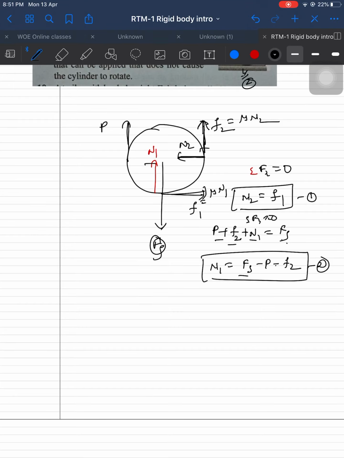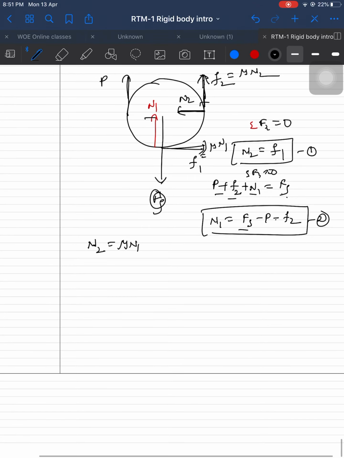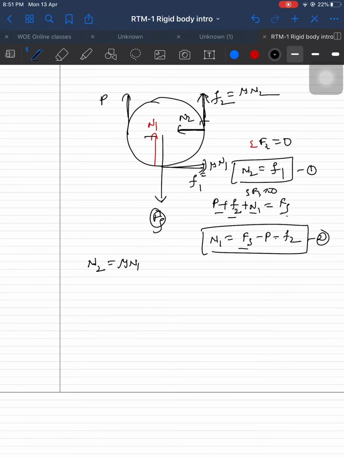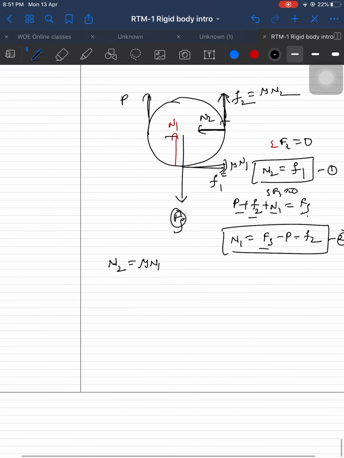Let's simplify that. Mu into N2 is equal to F1. What is the value of F1? Mu into N1. Right?